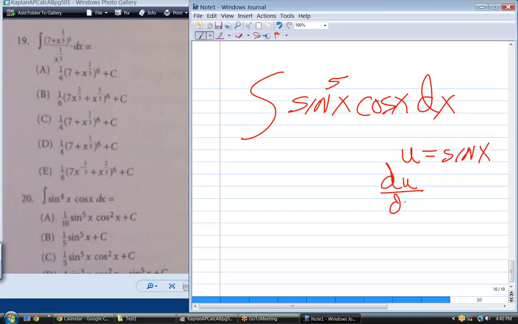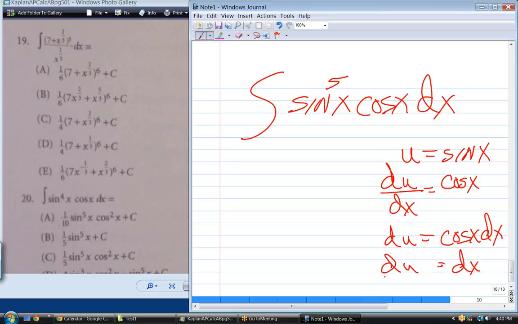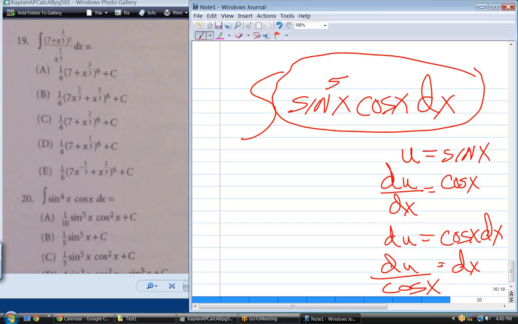Well, du dx is cosine x, which means du is cosine x dx, which means dx is du divided by cosine x. And what I'm going to attempt to do is to go in and substitute everything I can to turn this thing into an integral in u and not x.